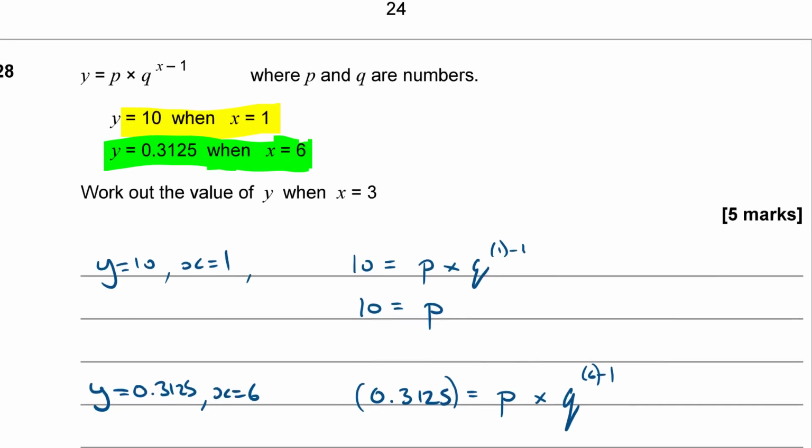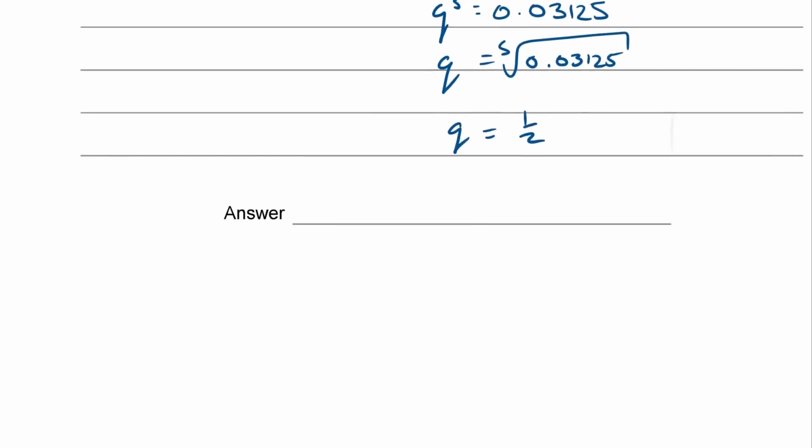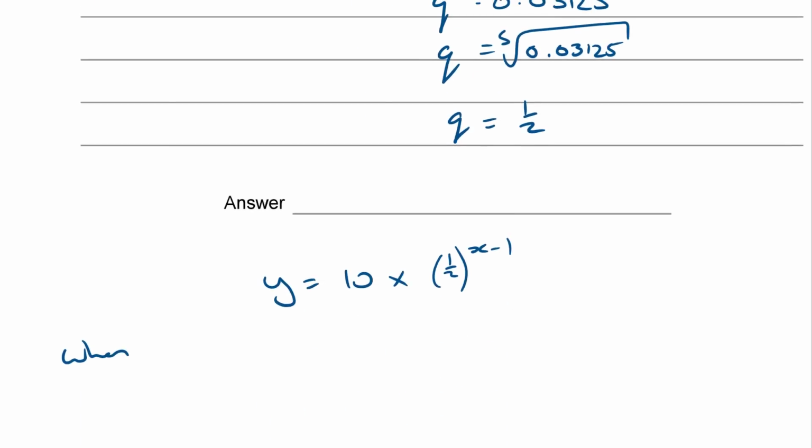Let's write underneath. So y equals p times q to the power of x minus 1. So y is equal to 10 times a half to the power of x minus 1. That's the equation, isn't it? And then when, what was it, when x is 3?